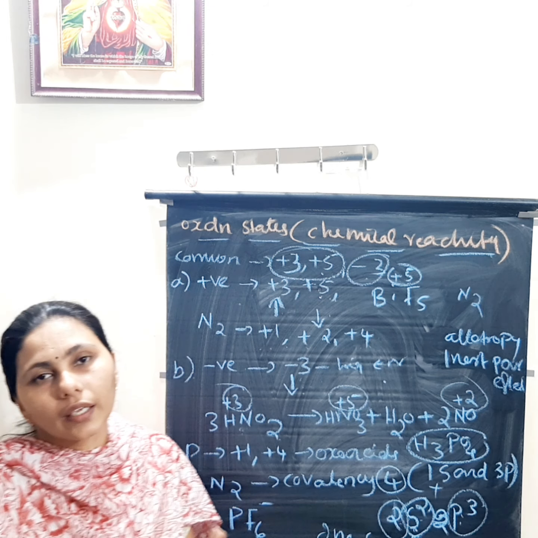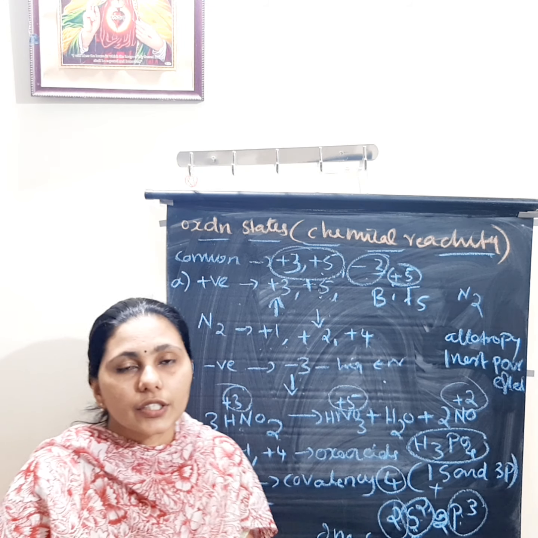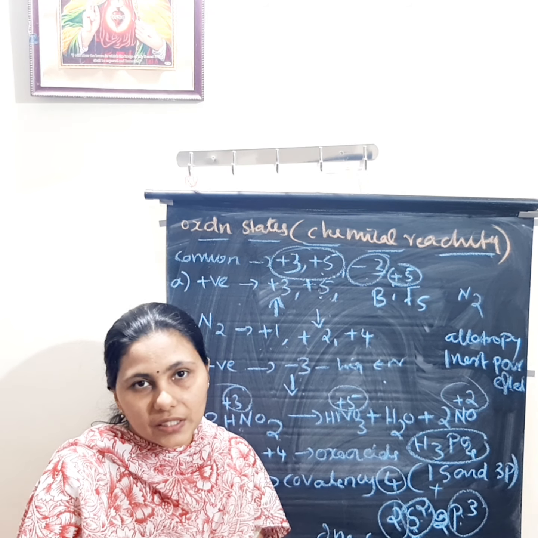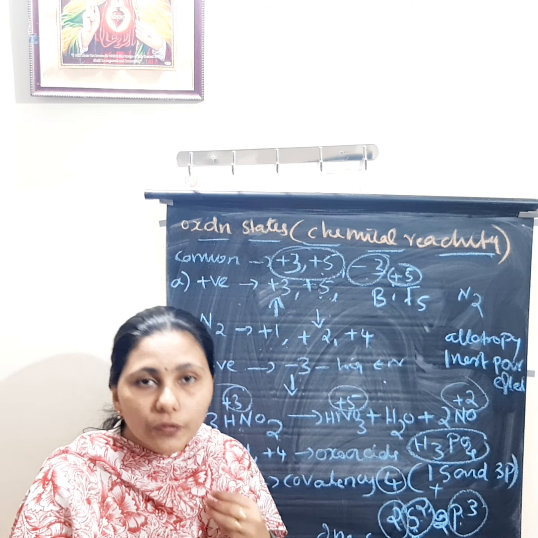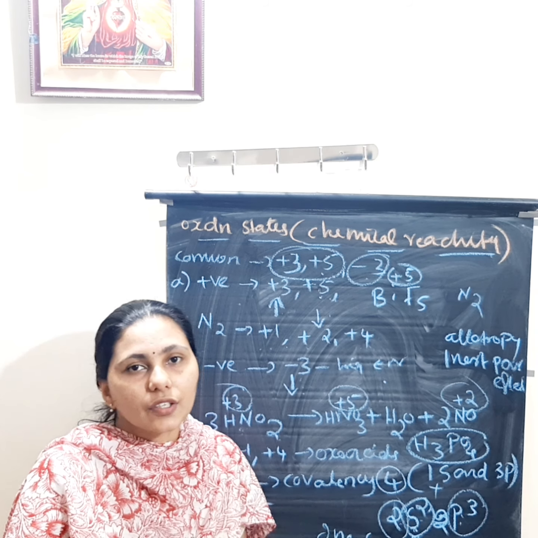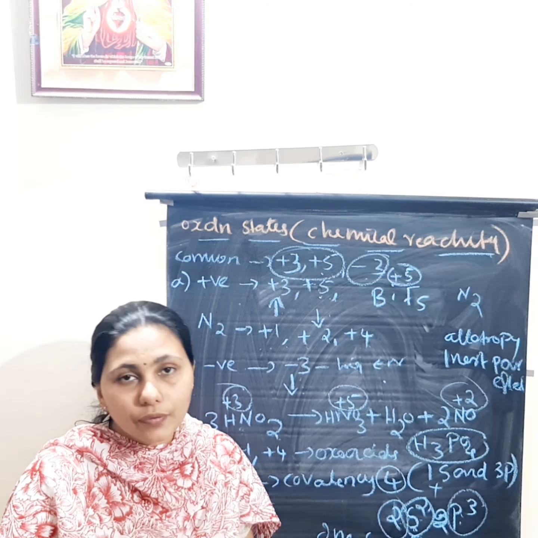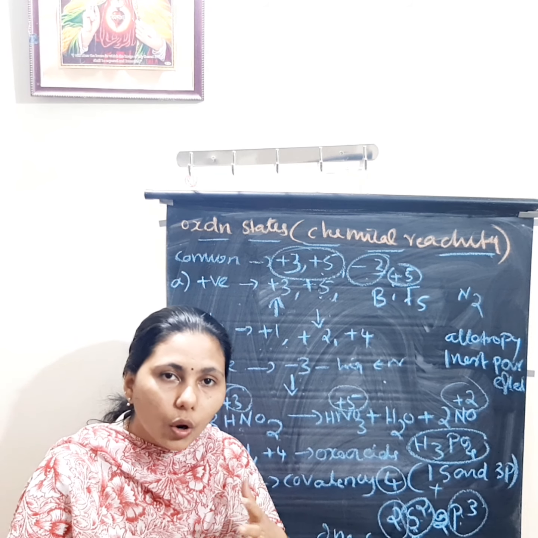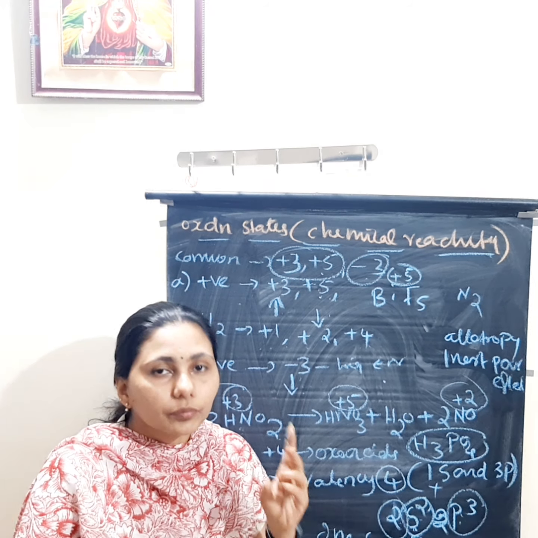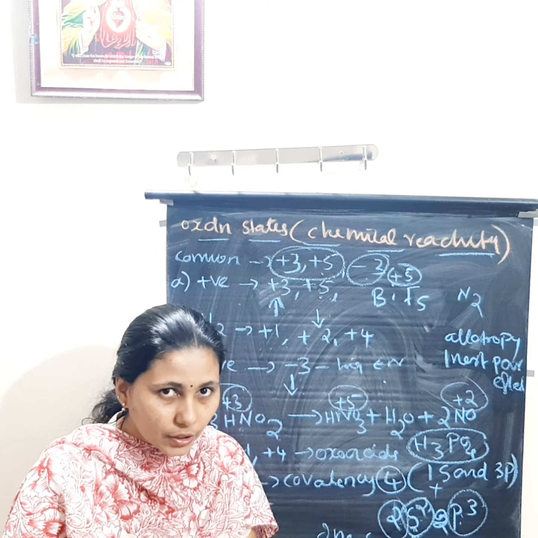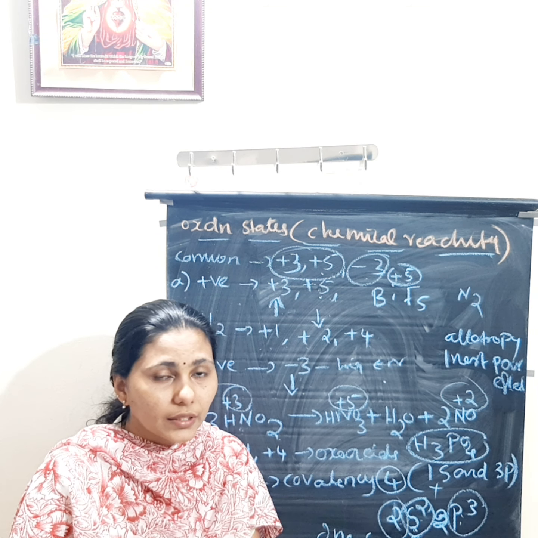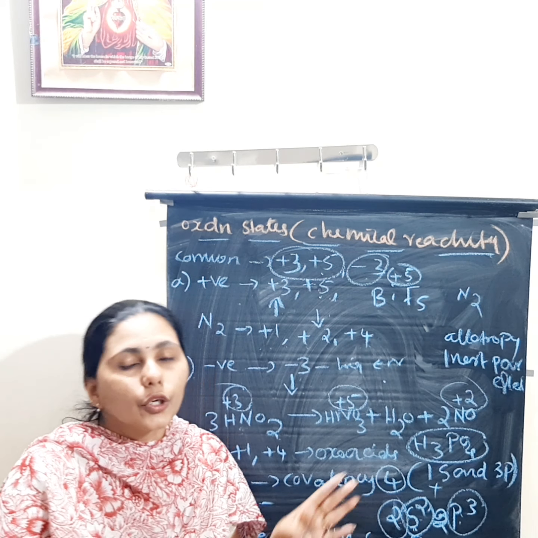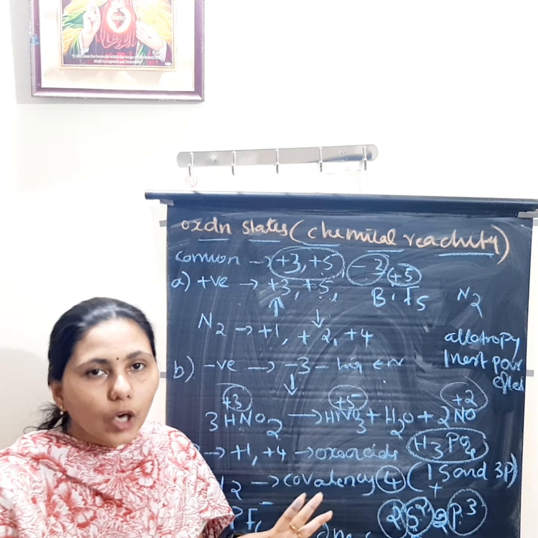That is why their covalency extends beyond 4, due to the availability of d orbitals. But nitrogen has covalency 4 because of 1s and 3p orbitals, so a total of 4 orbitals, and the non-availability of d orbitals.